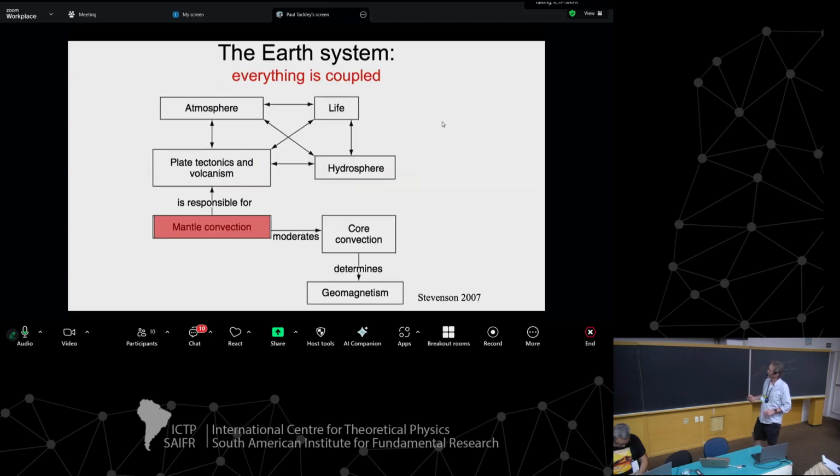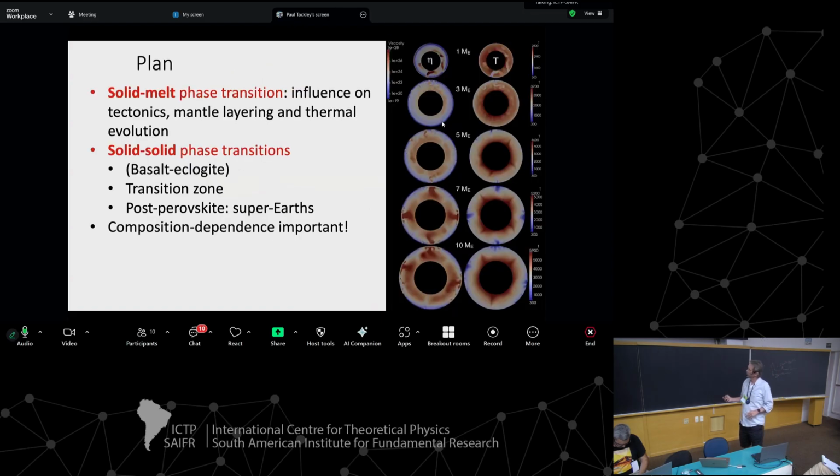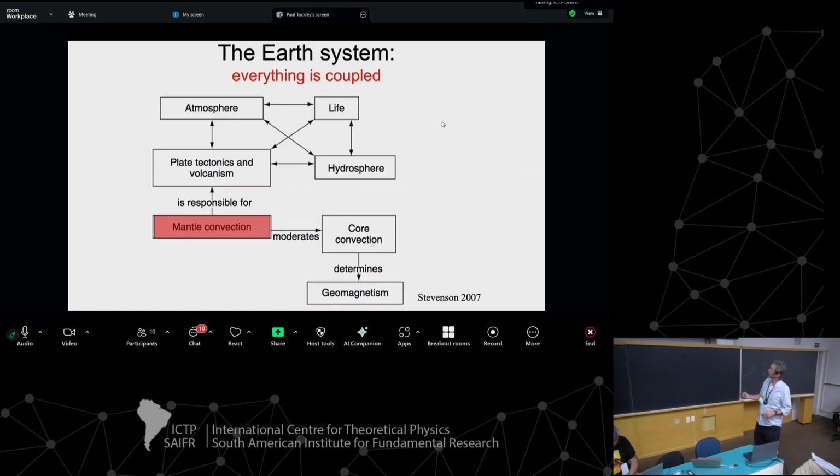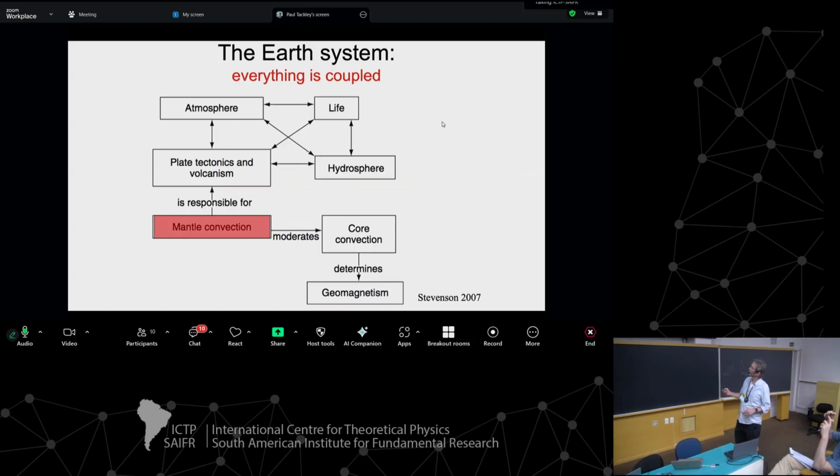A general theme is that the dependence of phase transitions and mineralogy on composition is very important in planetary dynamics. In general, mantle convection and plate tectonics are linked to the atmosphere and the hydrosphere through outgassing and ingassing and maybe life as well.